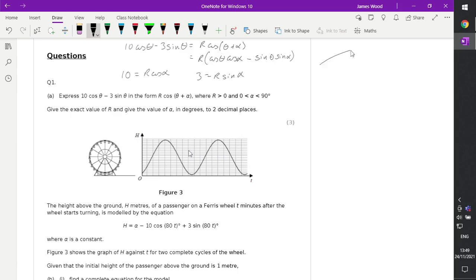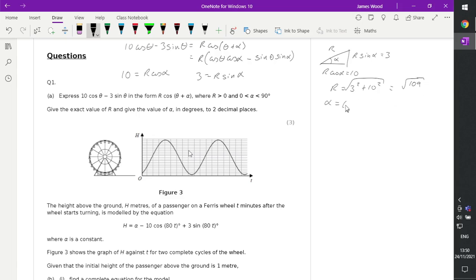Then we could do our normal solving. So r sine alpha is 3, r cos alpha is 10, so r is going to be 3 squared plus 10 squared, square rooted, which is root 109.